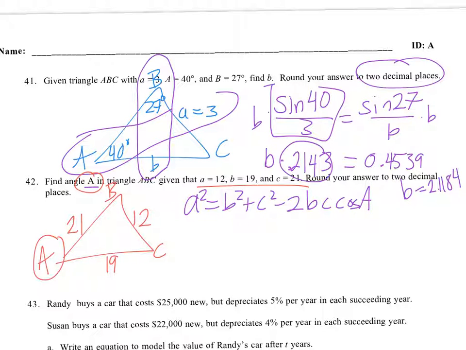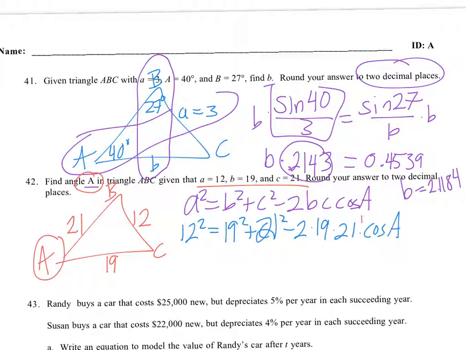Plugging things in, A squared is going to be 12 squared. B squared is 19 squared. C squared is 21 squared. Minus 2 times 19 times 21 times cosine of A. Big idea number 1.